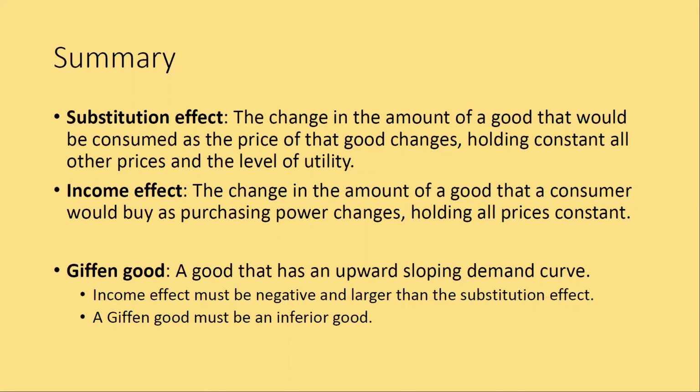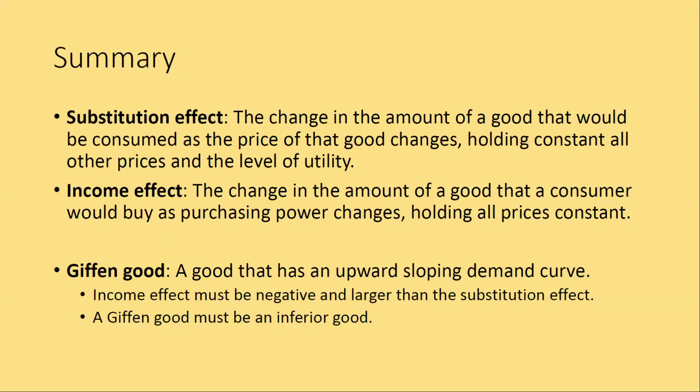So the substitution effect is the change in the amount of the good that you consume when the price of the good changes, or the relative price of the goods changes, while holding other prices constant. Most importantly, it is holding the level of utility constant.